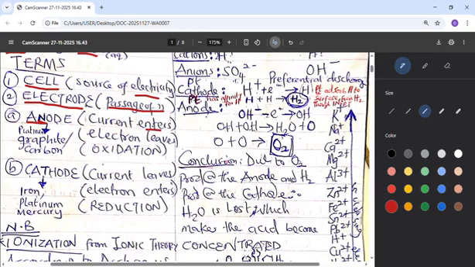The electricity that is coming to split the electrolyte must follow a particular pathway, and that is the anode. So anode is where current enters, at the same time electron leaves, meaning that once the current enters the anode, it will push out electron, and that's the basis of conductivity of an electrode, especially metals.